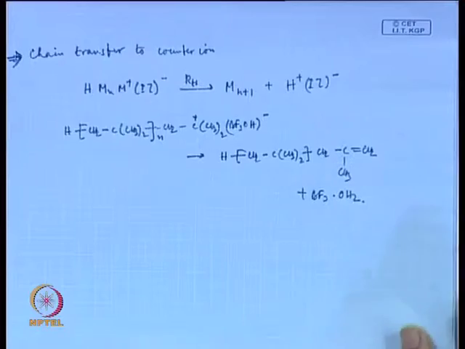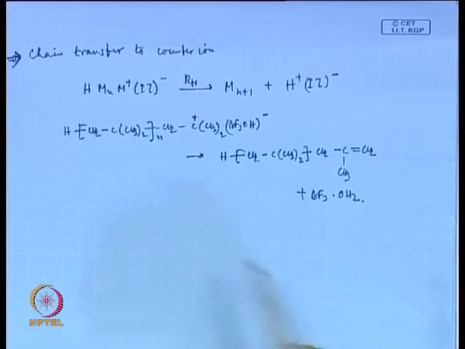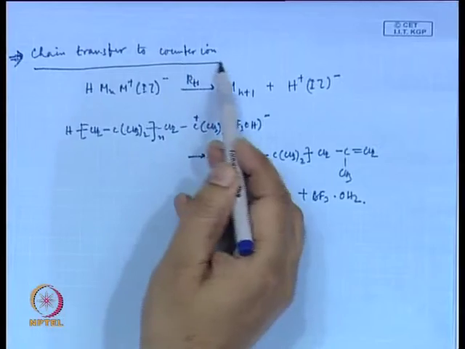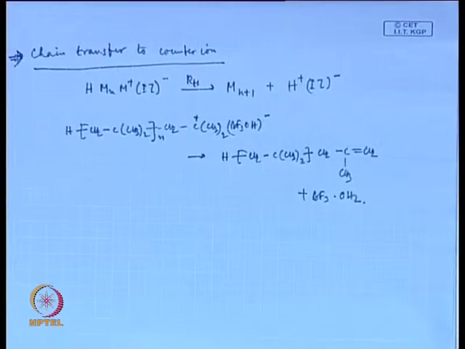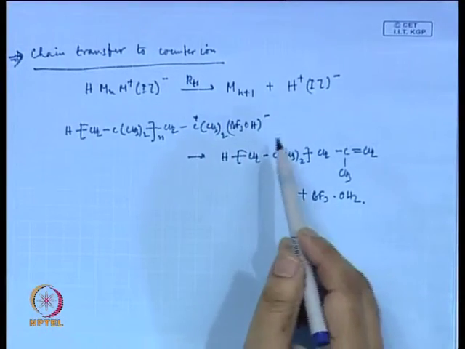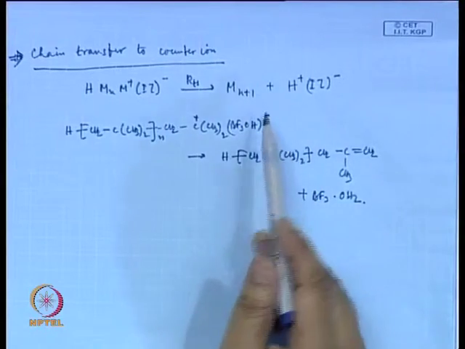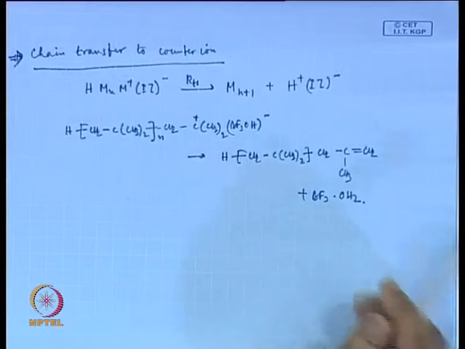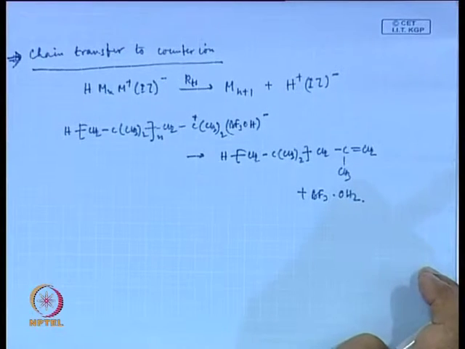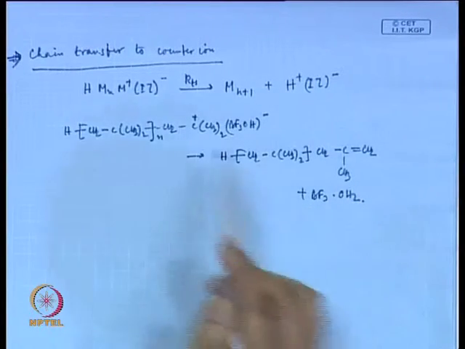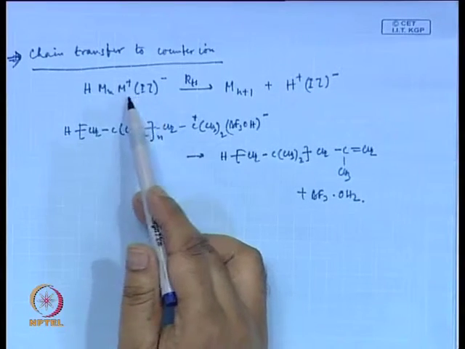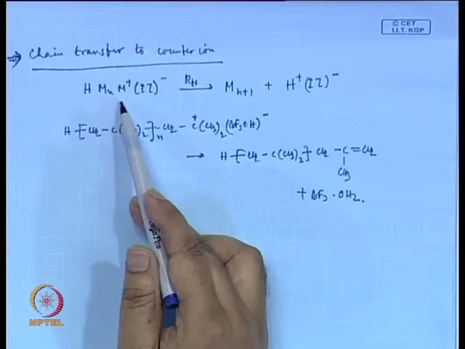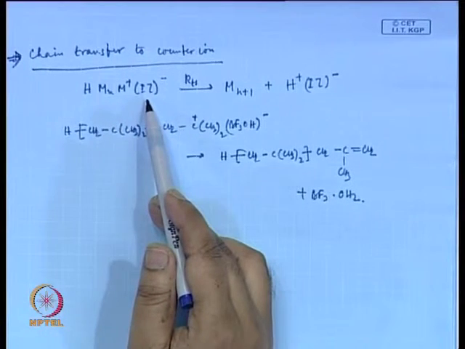Now, let us talk about other possibilities. In this case we talked about chain transfer to counterion, and these are basically similar to the case of transfer to monomer. So, I am just going through these different types of chain transfer quickly. Here the proton is transferred to the counterion itself.